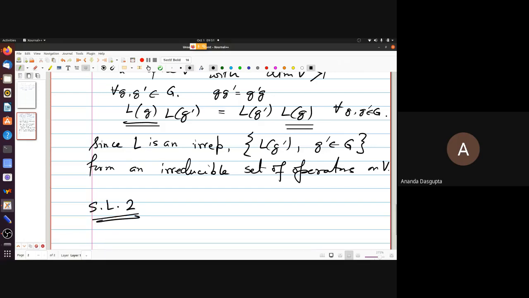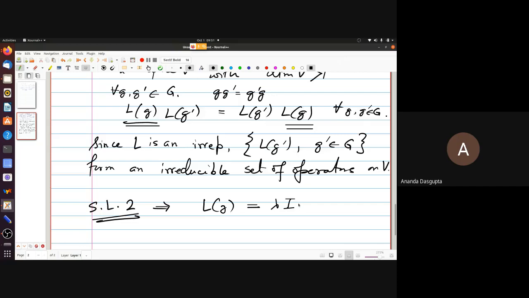Schur's lemma 2 will immediately tell you something about LG. What will it be? Identity. No, not identity, but a multiple of the identity, right? That's what Schur's lemma 2 tells you.